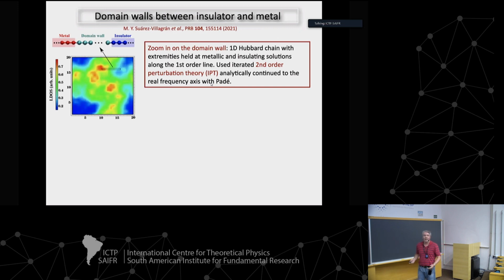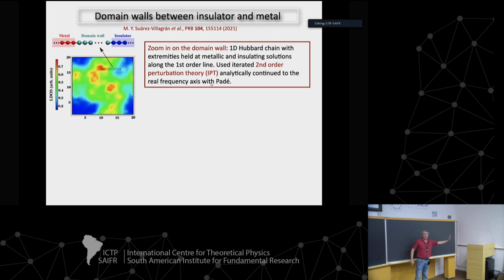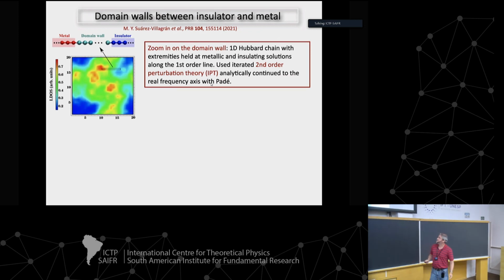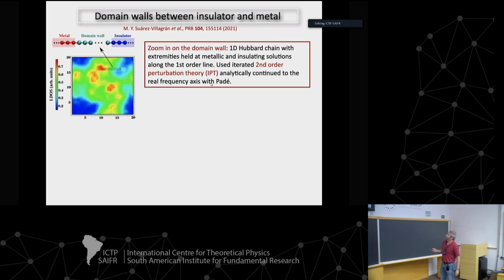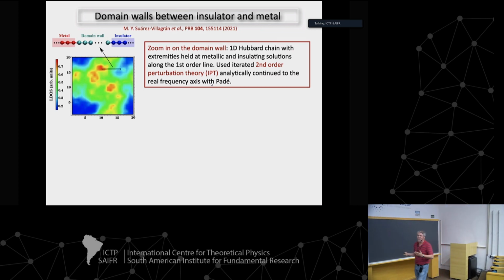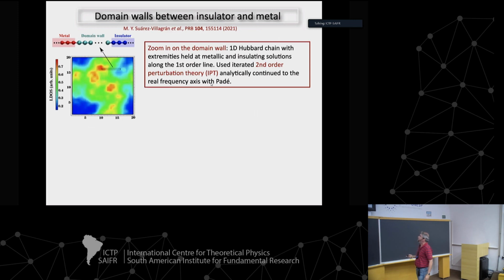This is equivalent to taking an Ising model, fixing the magnetization as being up on one side, down on the other side, and looking at the domain wall.